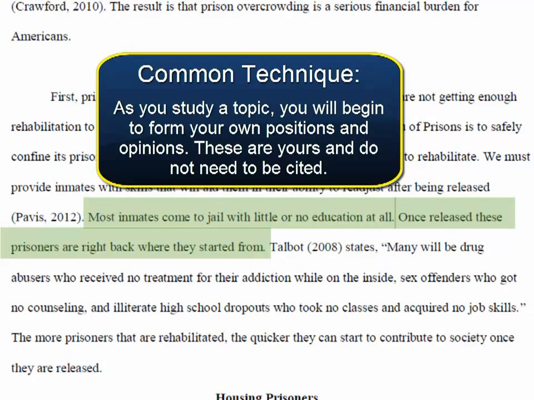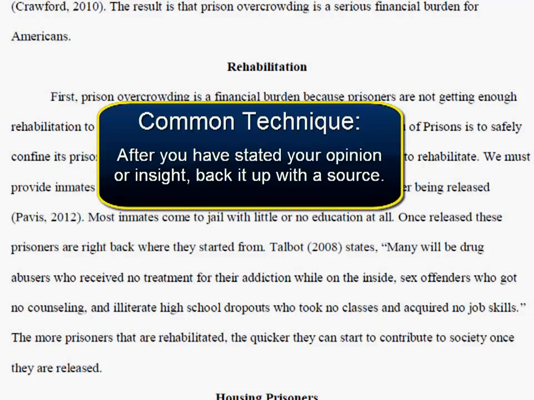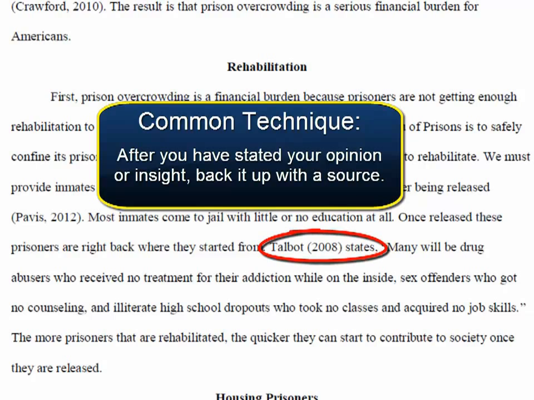These opinions belong to her and are expressed in her own words. But because this is an academic research essay, Jane also knows that she must add the voices of published authorities to support her assertions. In this case, she chooses an article that Talbot published in 2008.